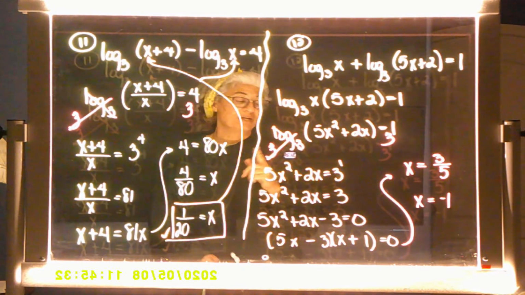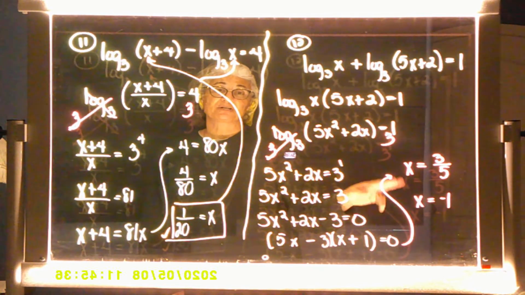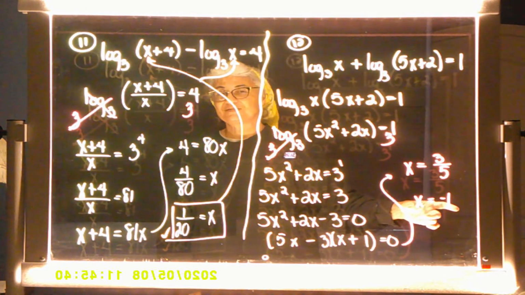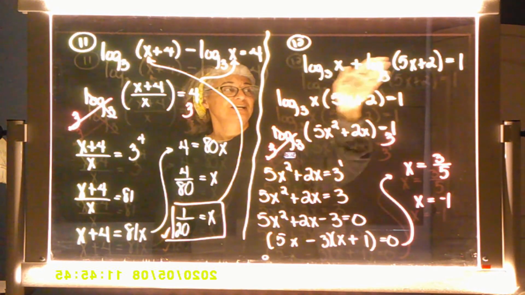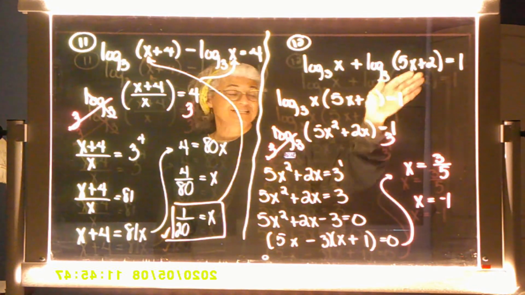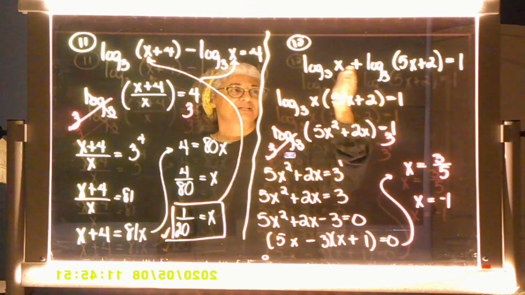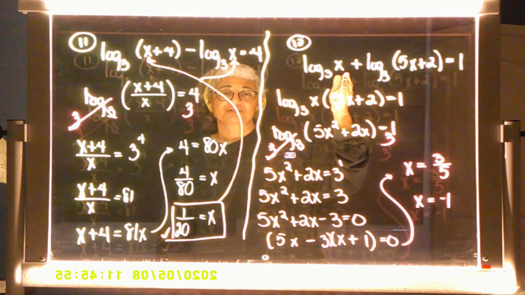Okay, so here's the deal. We have to check these answers and make sure they work, right? Now, word of caution. Just because this answer is negative doesn't mean it does not work. Because depending on how the original problems are written, it could actually work. However, in this case, when I plug in a negative 1 for this x, I'm taking the log of a negative number, aren't I?